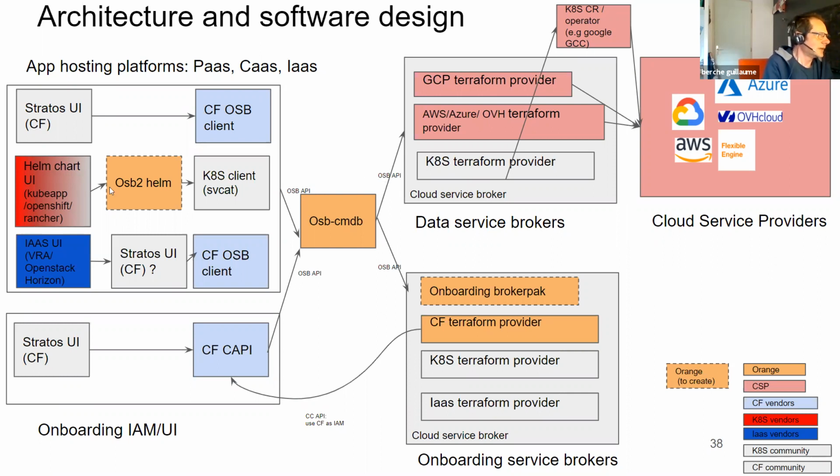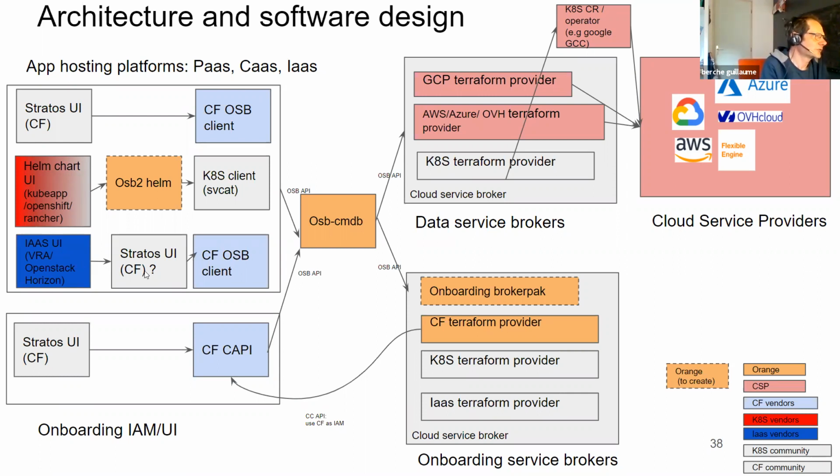We see similar ways for Kubernetes; I was mentioning Osb-to-helm, the Helm chart UI for OSB. We're working on IaaS as well. Some of our team use VMware vRealize Automation, vRA. Some others use OpenStack Horizon.